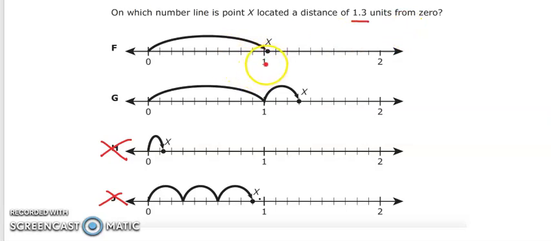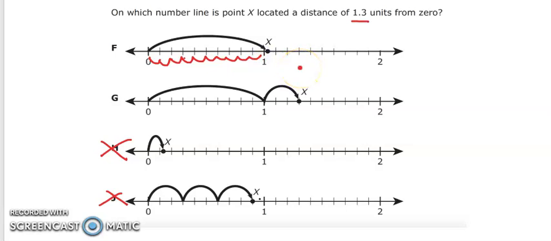So that means that we're going to take 1 unit from 0 to 1 and divide it into 10 pieces. So 1, 2, 3, 4, 5, 6, 7, 8, 9, 10.